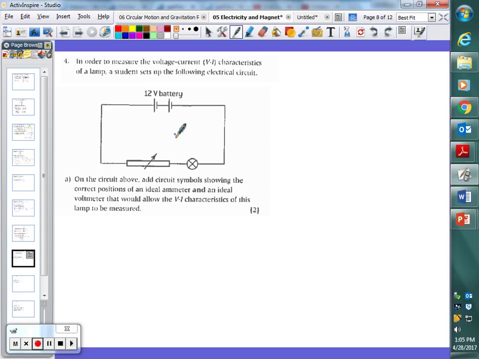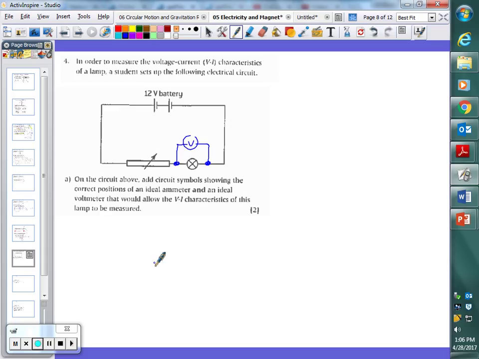Potential difference, voltage, needs to be measured in parallel, because you need to measure the energy at one point and another point. To allow the VI characteristics of the lamp to be measured, we are going to have to put the voltmeter in parallel with the lamp, so we can measure the difference in energy between here and here.